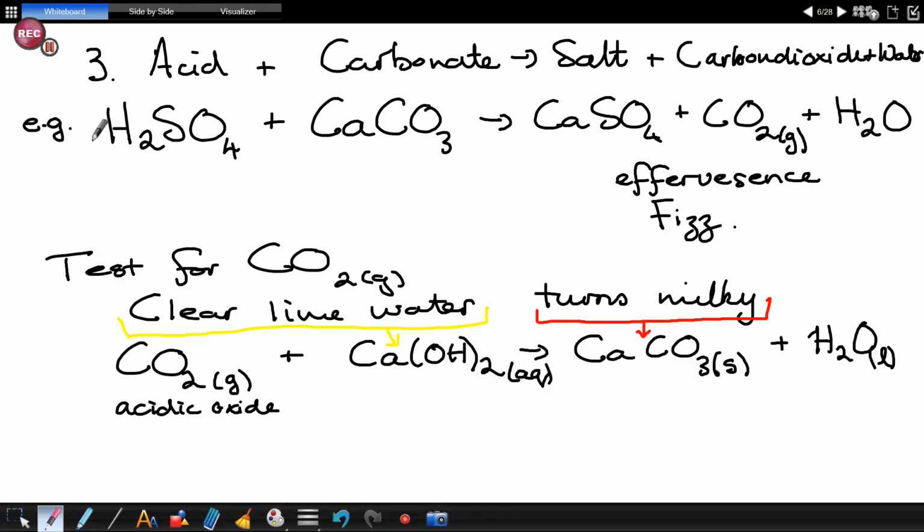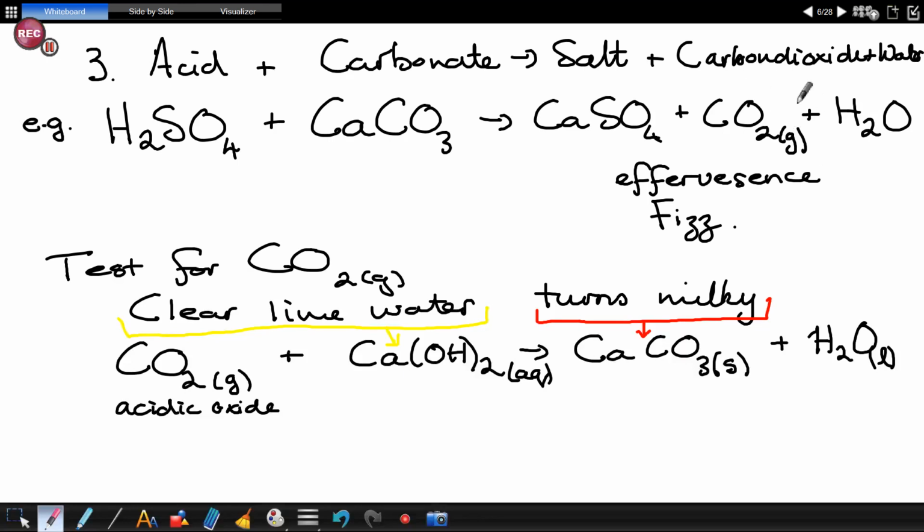We learned that metal oxides are basic oxides and non-metal oxides are acidic oxides. So here, your sulfuric acid is an acid and your calcium carbonate is a carbonate. So the reaction will make a salt, carbon dioxide and water.